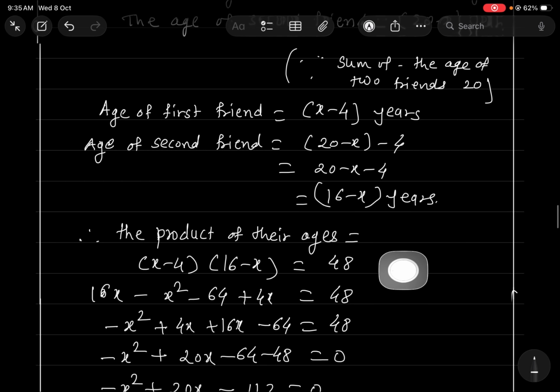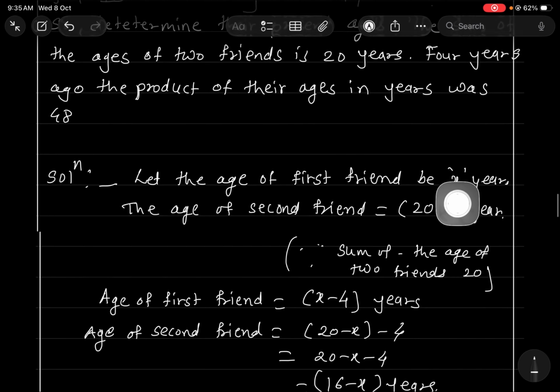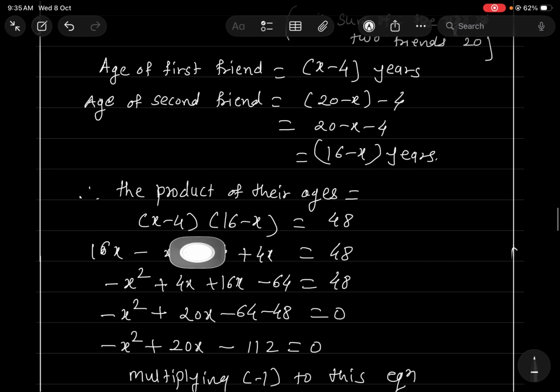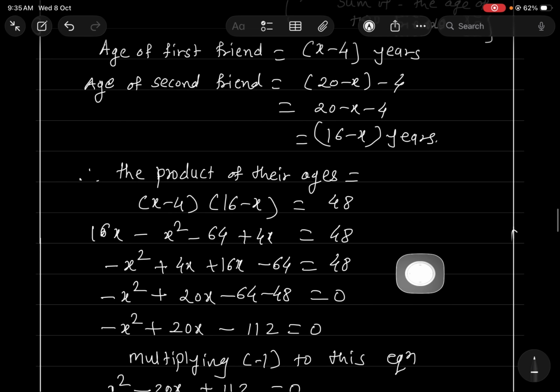And the product of their ages is given. In the problem, the product of their ages 4 years ago was 48. So (x minus 4) times (16 minus x) equals 48.